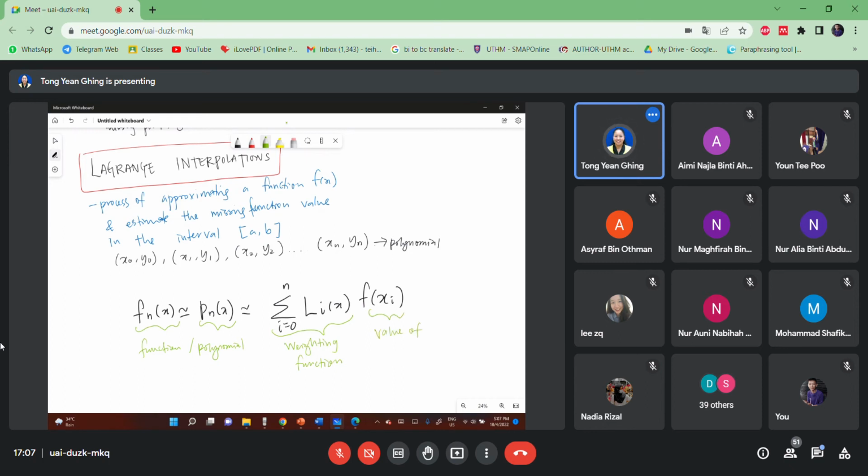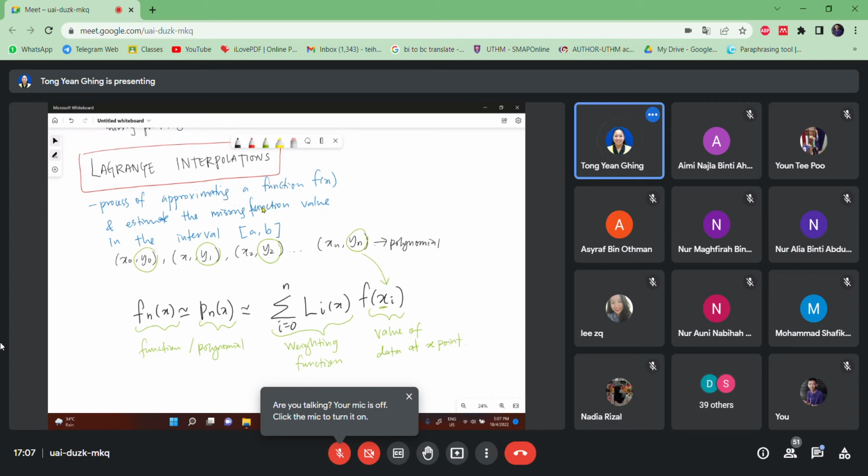Value of data at the value of i, but at the x location, the x point. So this is the value of y. Can you see the green? Is it okay or not?